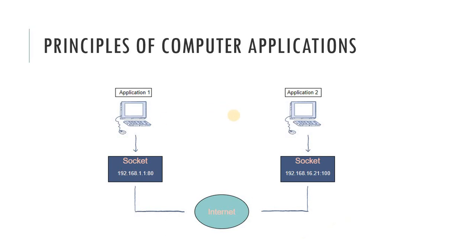Two processes that run on the same machine or on different machines communicate through sockets. Sockets are seen as the end of two-way communication between two processes. The socket is created by concatenating the IP address of the system and the software port number.